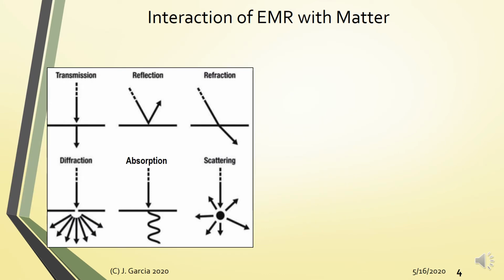So this figure shows you the different interactions of EMR with matter. Alright, so when you refer to EMR as light, technically you are referring to the visible region only. Okay, so basically, these are the interactions of EMR with matter.